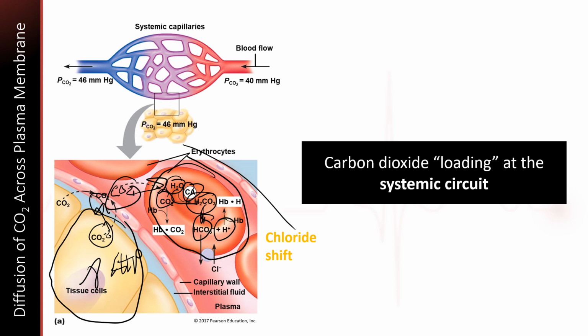The point that I want to make, though, is that now you have bicarbonate and a hydrogen ion that exists inside of the blood. You no longer have CO2, right? What you've done here, this is the important part, is you've turned CO2 into bicarbonate and a hydrogen ion. If you take CO2 and you turn it into bicarb and a hydrogen ion, then CO2 is no longer CO2.